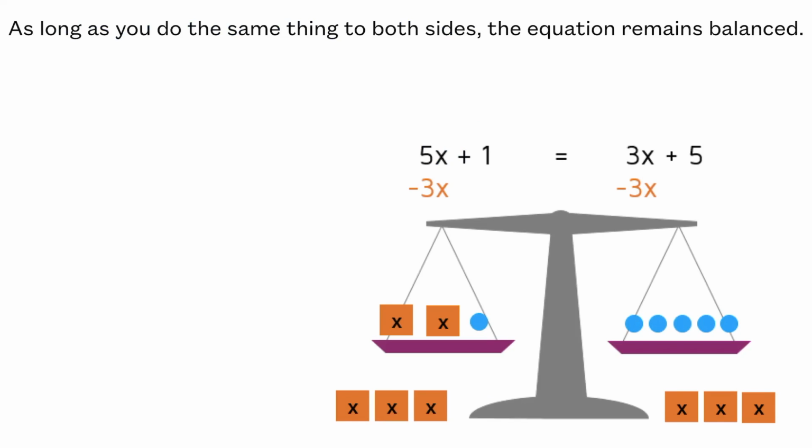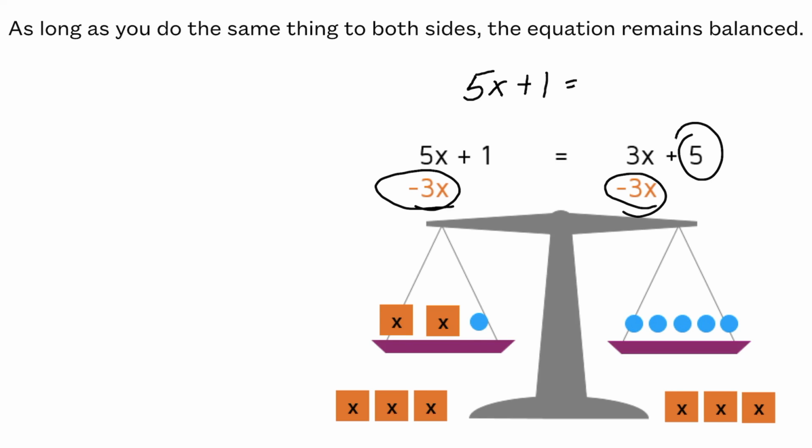So here we have an example of another equation. We have 5x plus 1 is equal to 3x plus 5, and notice they subtracted 3x from both sides because they wanted to get the x's on one side. So now you have 5x plus 1 is equal to 5, because they subtracted these 3 x's out.